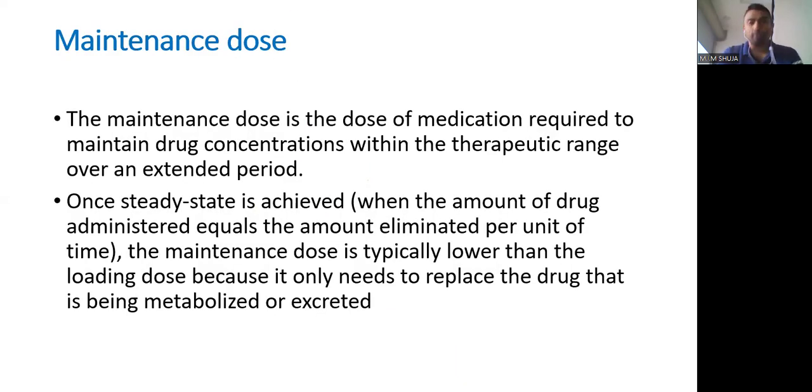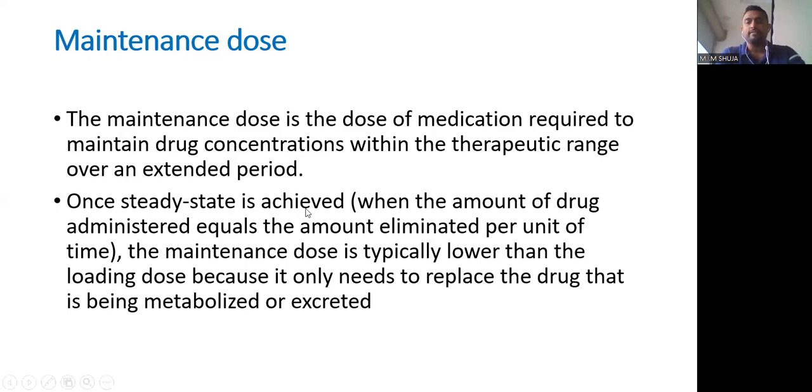What is maintenance dose? It is the dose required to maintain the steady state concentration after the loading dose is given, or after 4 or 5 T-half is achieved.